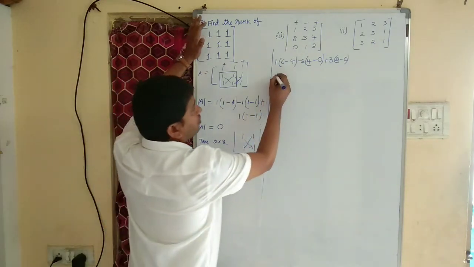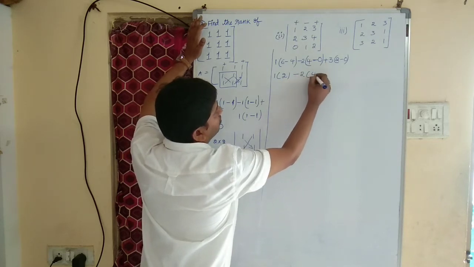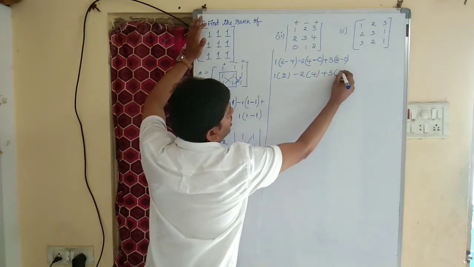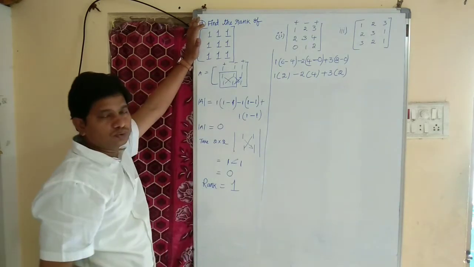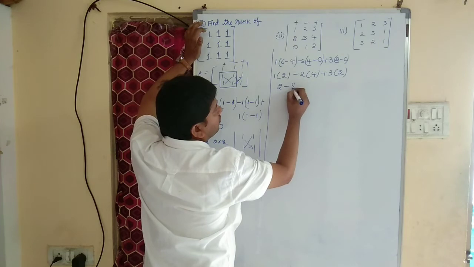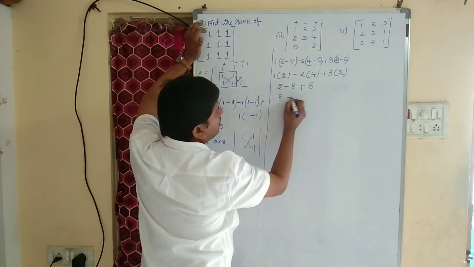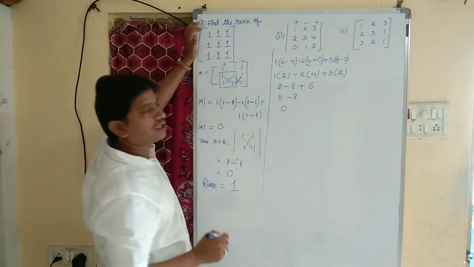Okay. So 1 into 6 minus 4 is 2, minus 2 into 4 minus 0 is 4, plus 3 into 2 minus 0 is 2. 1 into 2 is 2, minus 2 into 4 is 8, plus 3 2s are 6. 2 plus 6 is 8, 8 minus 8, that is equal to 0.